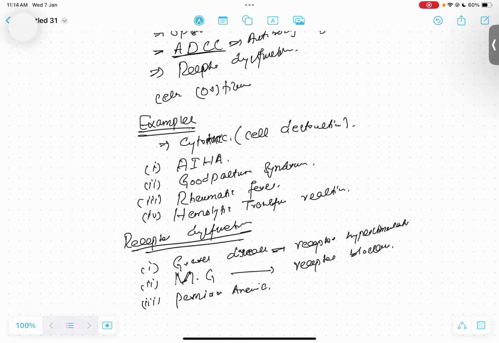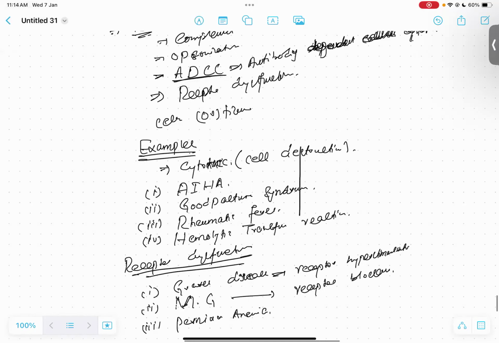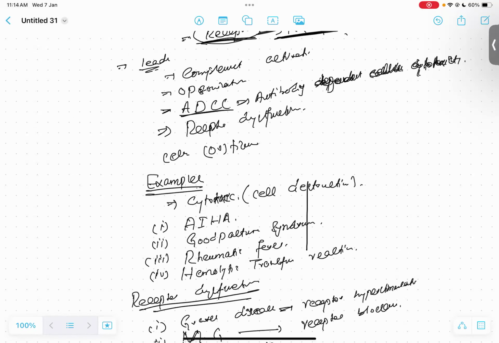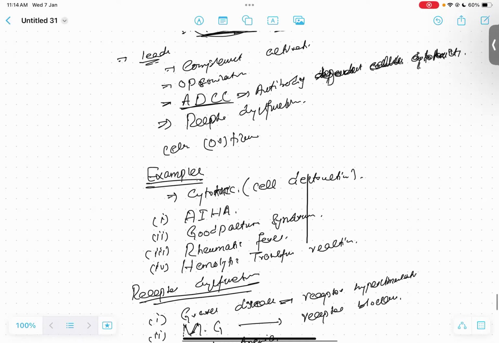This destruction usually occurs via the complement system, opsonization, antibody dependent cellular cytotoxicity and receptor dysfunction. Examples are autoimmune hemolytic anemia, Goodpasture syndrome, rheumatic fever, hemolytic transfusion reactions, Graves' disease, myasthenia gravis, and pernicious anemia.